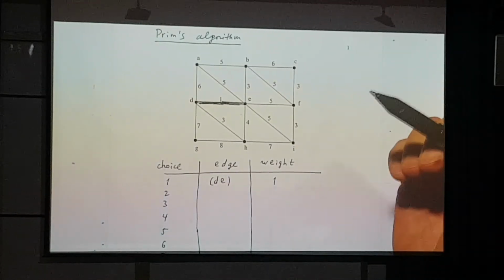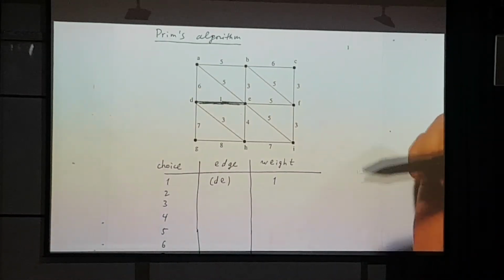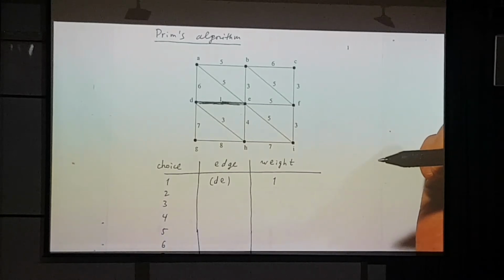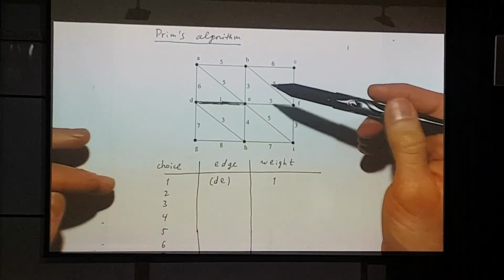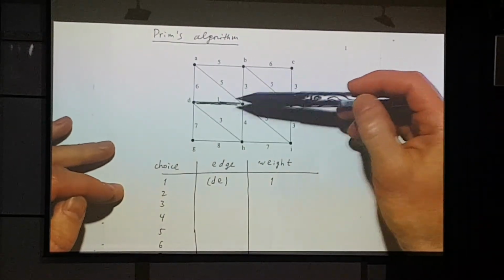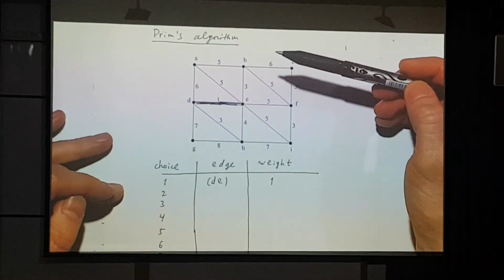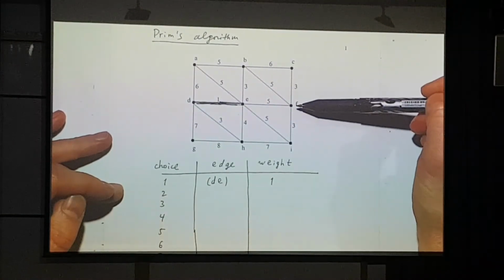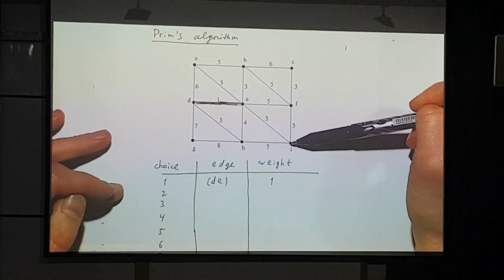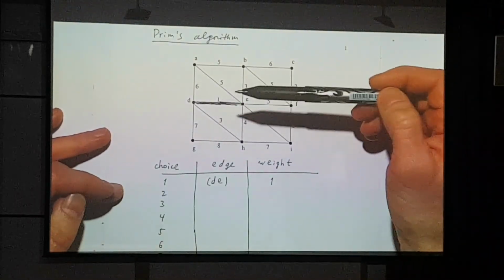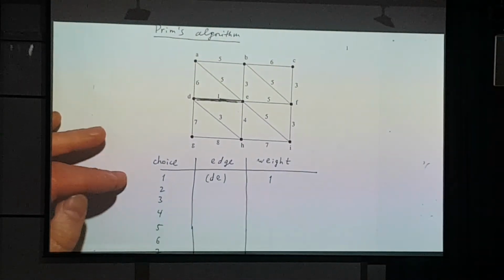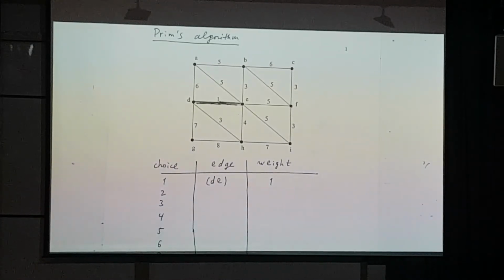So next, we're supposed to add another vertex which is linked to this HDE. So I can either add B or F or I or H, G, A, pretty much any other vertex, as it turns out.